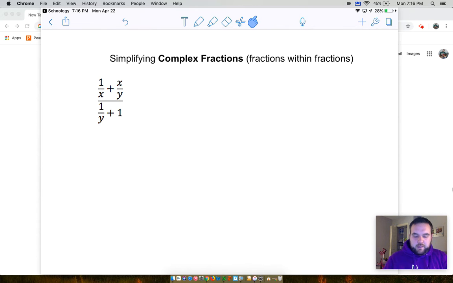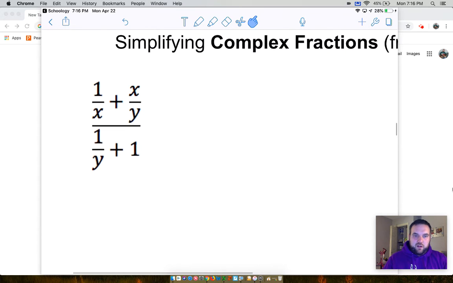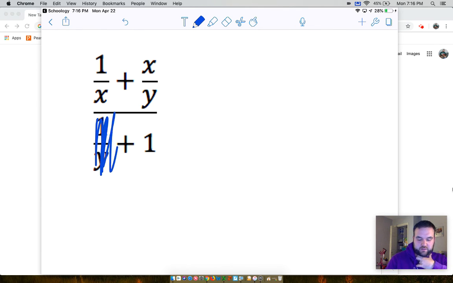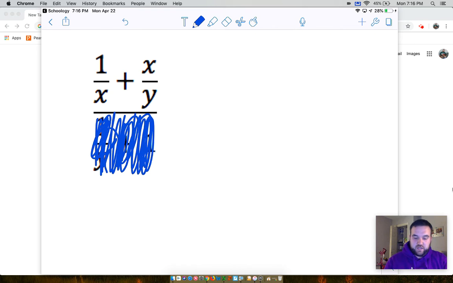This is what we mean by a complex fraction. It means that there are fractions in the top and there are fractions in the bottom as well. So to solve this, what I'm going to do for now is kind of ignore the bottom. I'm going to pretend like it's not there, and I'm just going to worry about adding those top fractions together.